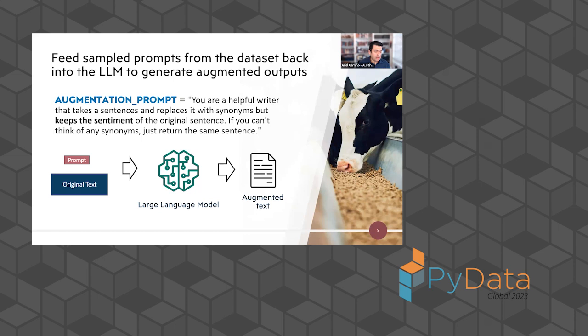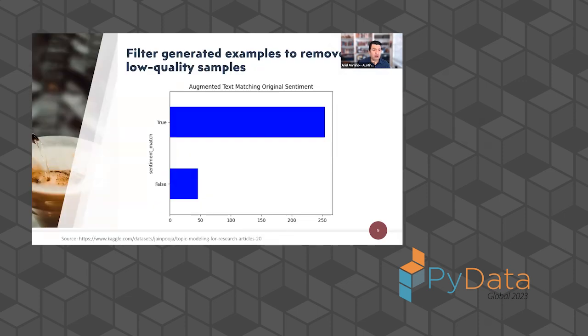The next step that I put on the previous slide is to filter this generated data for quality. One of the first things I did was to say, okay, give me the original tweet augmented with new data, but check to make sure that the new augmented data has the same sentiment as the original.